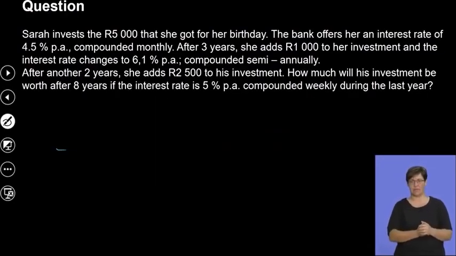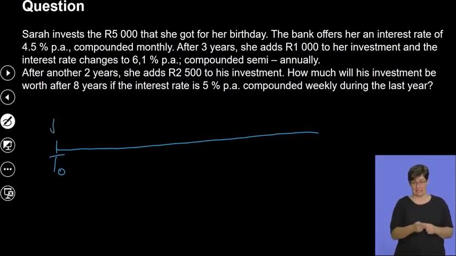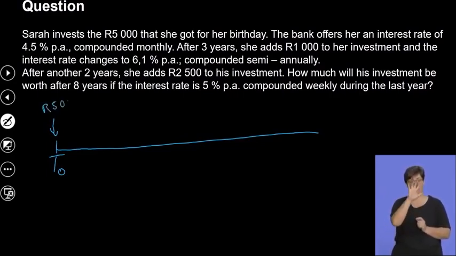If I draw my number line, at T0, which represents when the investment started, you're going to draw an arrow that goes inwards. The arrow that goes inwards shows that a deposit was made, and this deposit was 5,000.